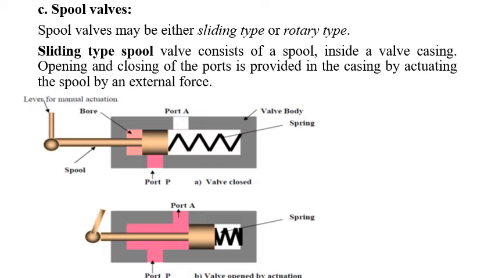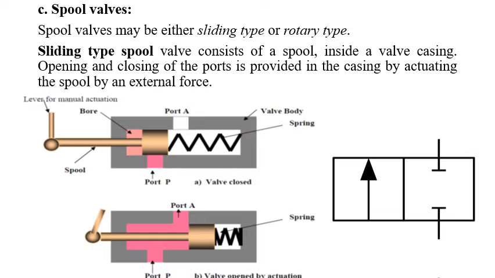In this diagram you are seeing a normally closed valve. Normally closed valve means in the initial position, look at this, the valve is closed. In diagram A, the valve is closed. To open the flow path, the valve is actuated by some external force.